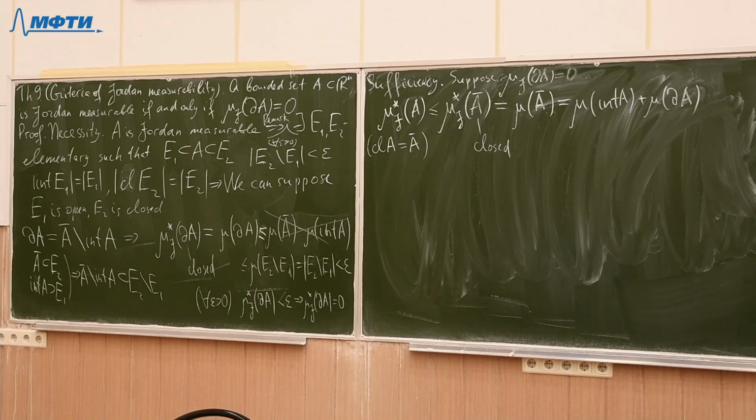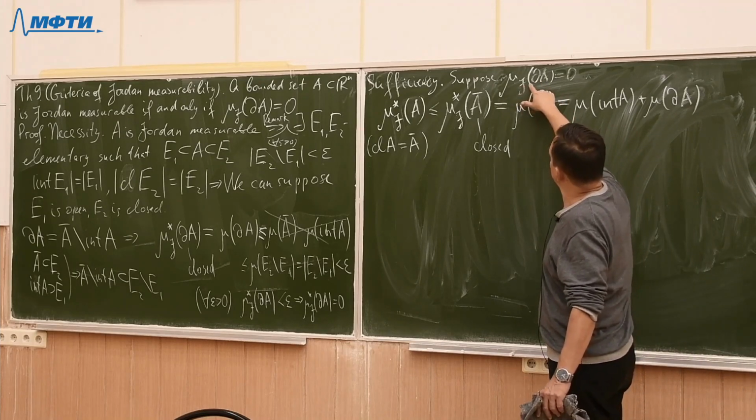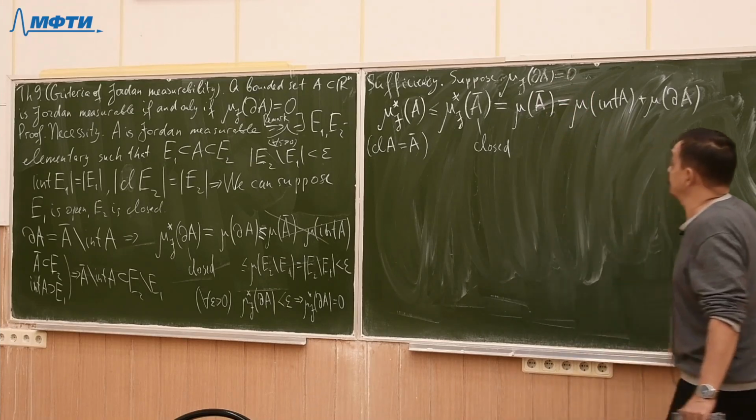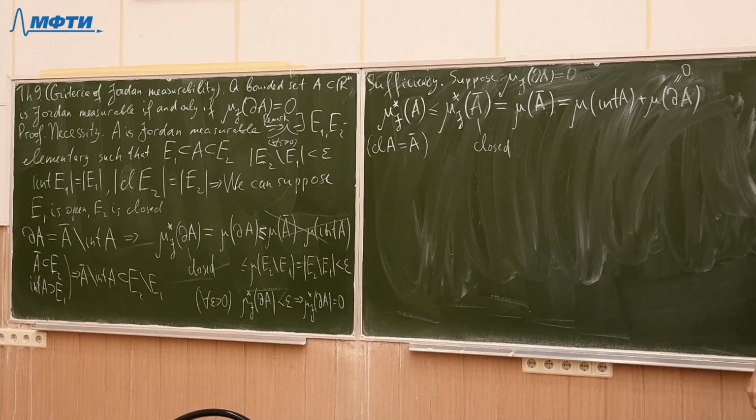And we know that the Jordan measure of the boundary is 0, hence Lebesgue measure is also 0, because if a set is Jordan measurable, then it is Lebesgue measurable.